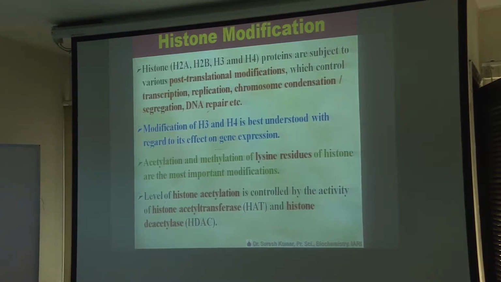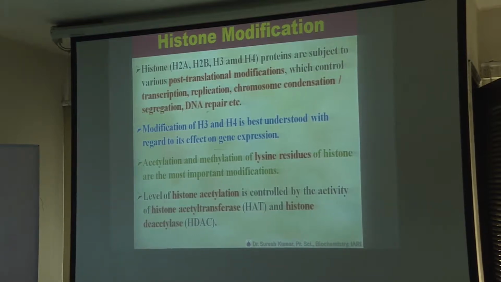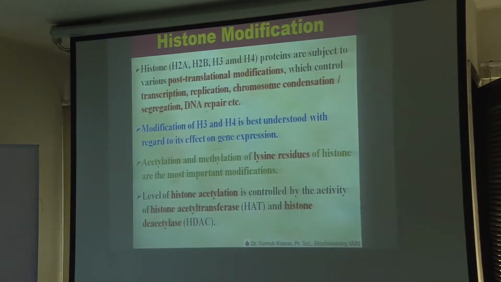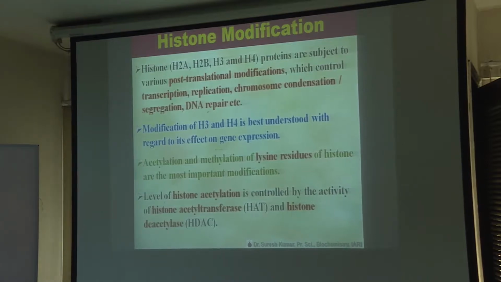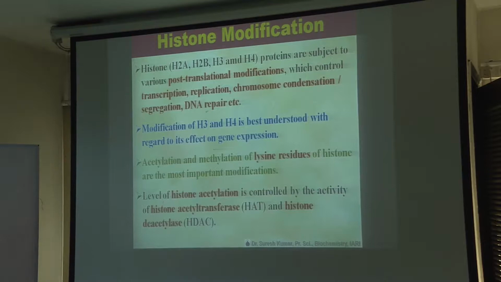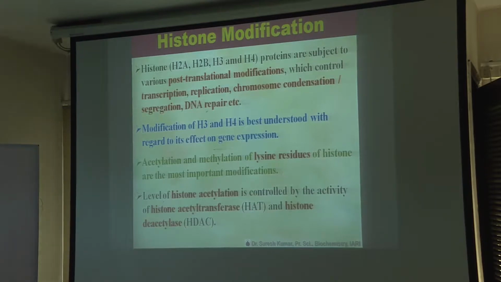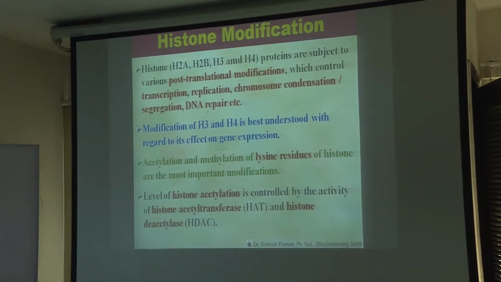Now, coming to histone modifications, I have already told you about the different proteins, and there are enzymes involved in modification of histone protein. Okay. So, if a histone protein is methylated or modified, it has to come back to the original position. So, demethylases are also there. Both the processes, methylation and demethylation, in case of DNA and in case of protein, are regulated by enzymes.